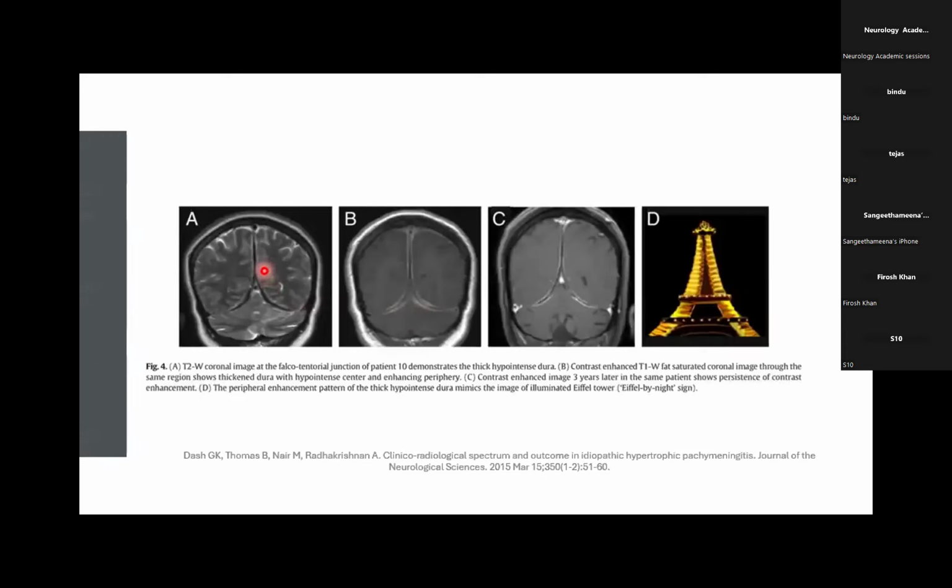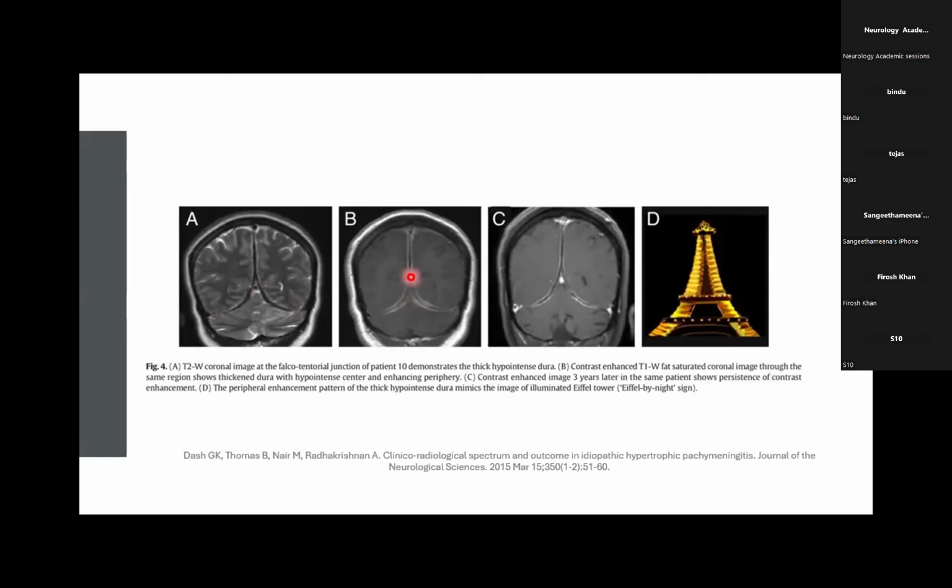So this is the T2 weighted imaging showing hypointense falx cerebri and tentorium cerebelli. After contrast injection, it shows contrast enhancement with central hypodensity. The central hypodensity denotes fibrosis, and the peripheral enhancement denotes inflammation.